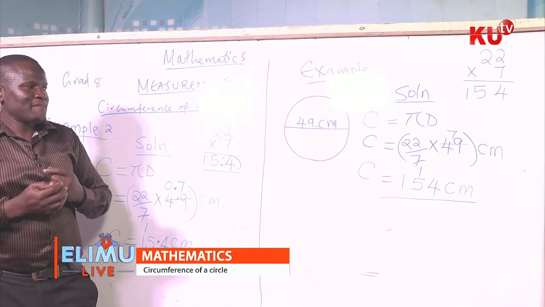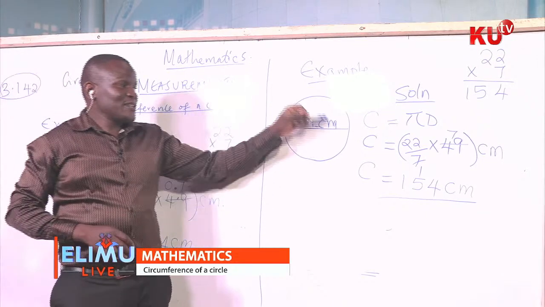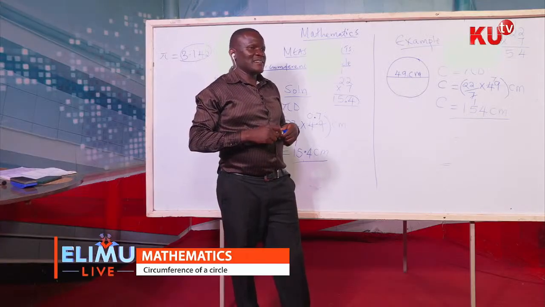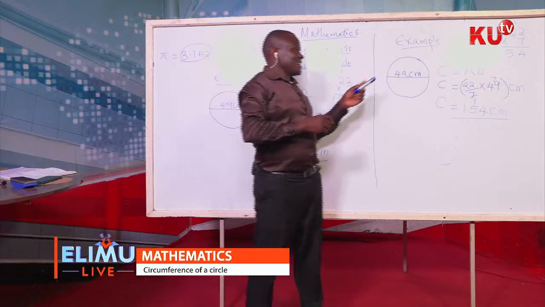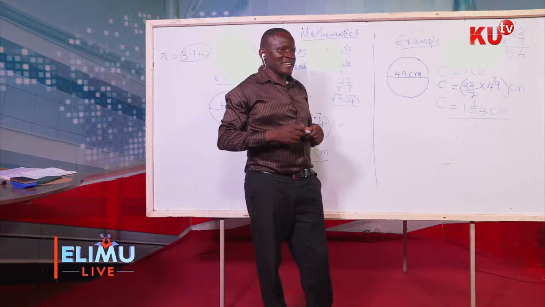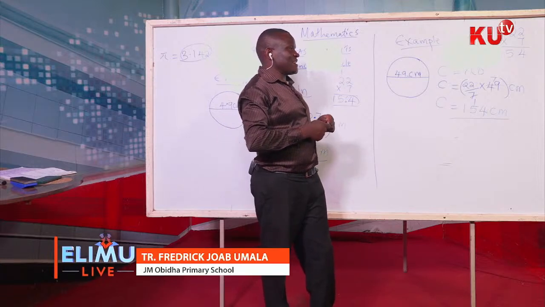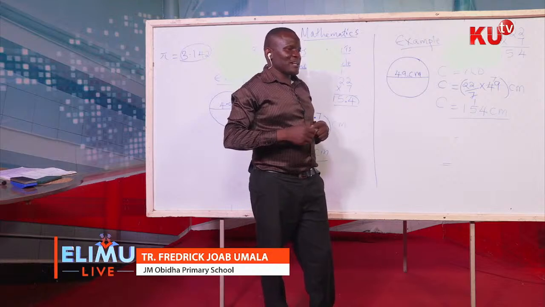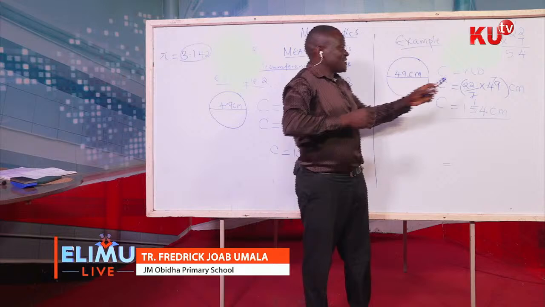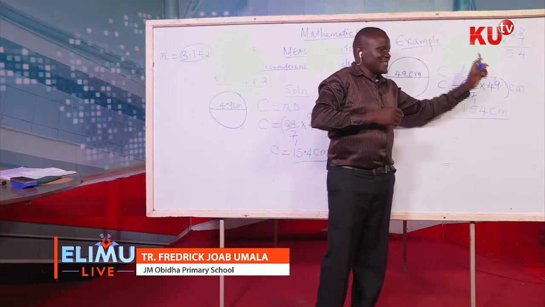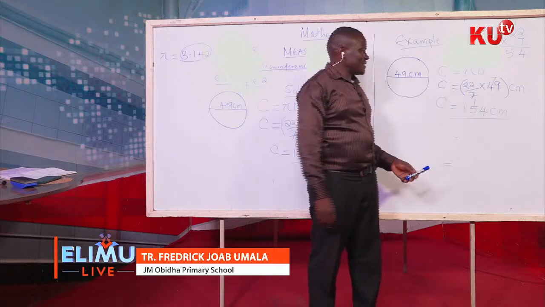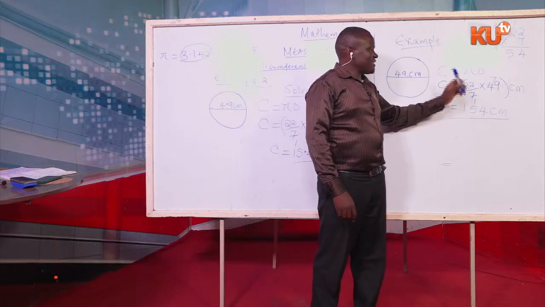Let me repeat. We were told to get the circumference of the wheel, and the wheel had a diameter of 49 centimeters. The wheel itself is circular in nature, and that's the reason why we are going to use the formula of our circumference to be pi d. Pi is 22 over 7.